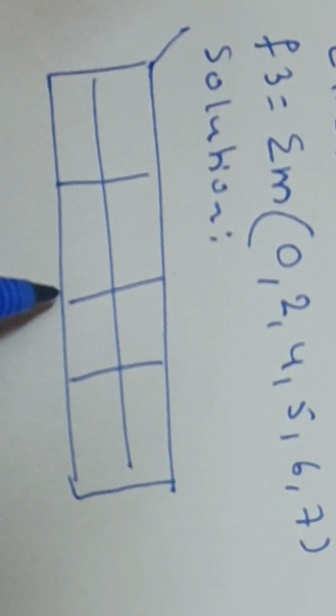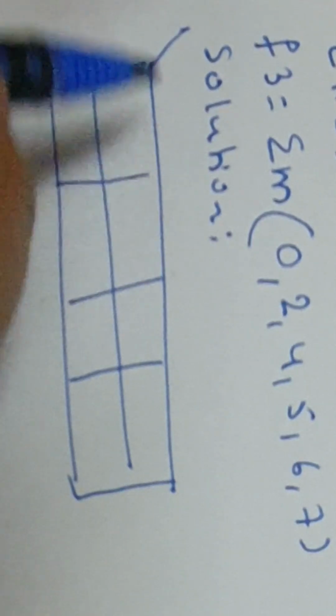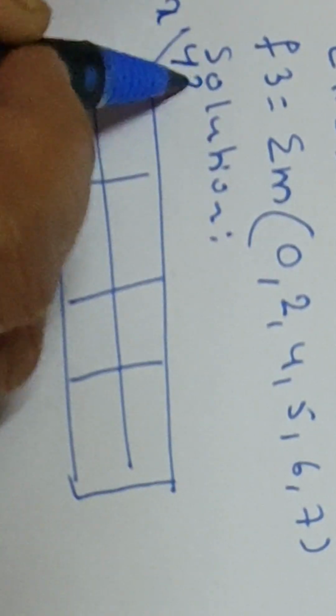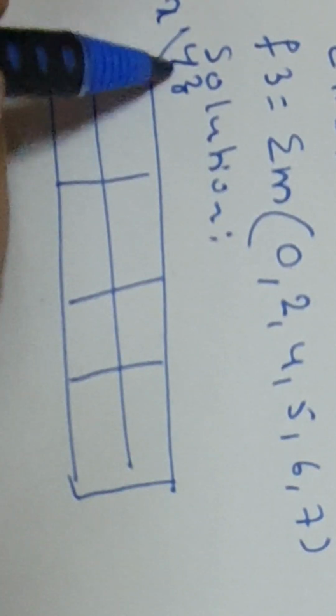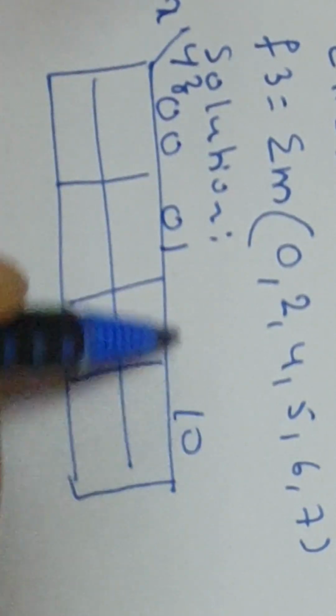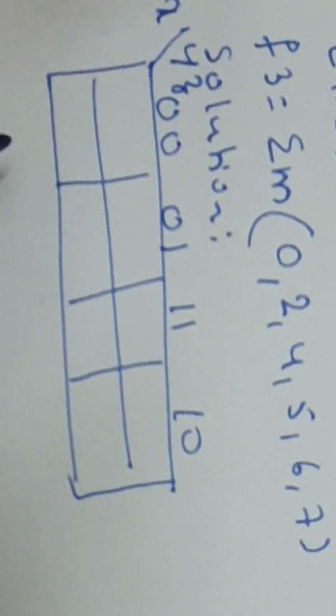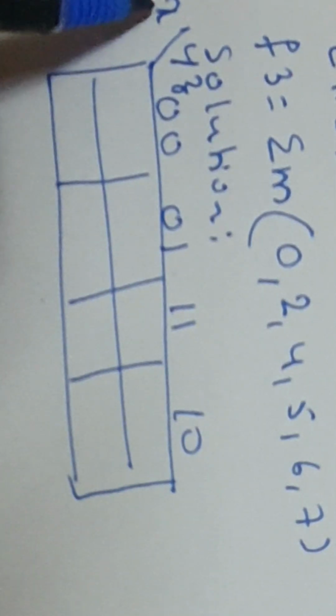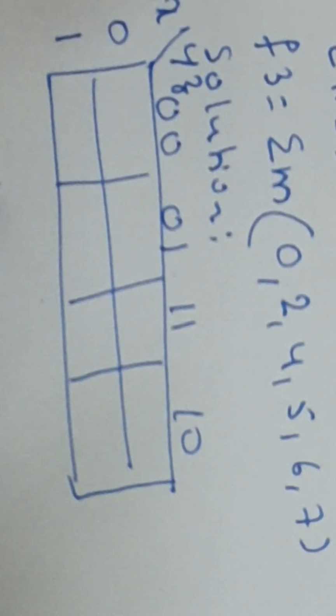Let x, y, z be the 3 variables. X is written here, y, z is written here. For y, z, 0, 0, 0, 1, 1, 0, 1, 1 are the possible 4 combinations. X can be 0 or 1.